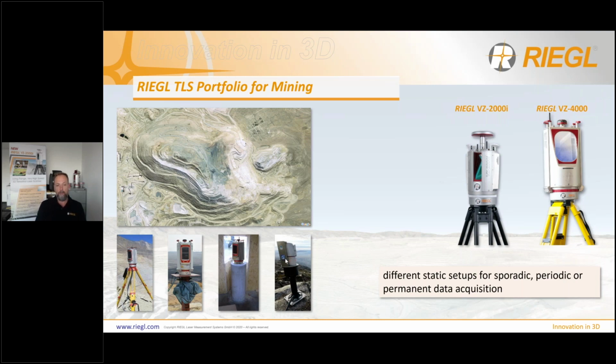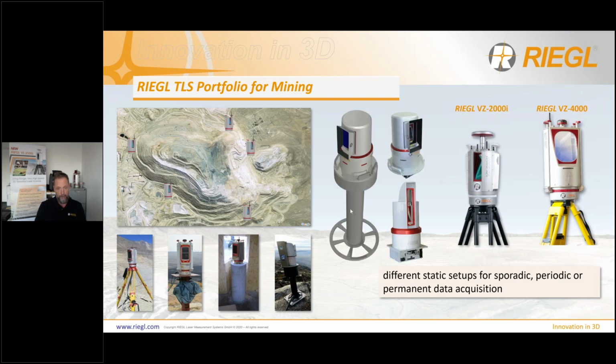So with these protective housings, you can really work with the scanners in an extreme environment. So you see the protective housings here. And you see here a typical setup.